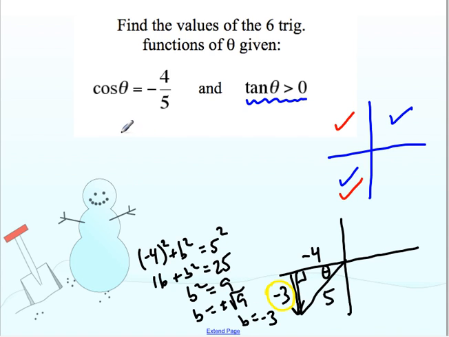So now you'll be able to find all your trig functions. I don't know if we need to go through all of them, but sine would be opposite over hypotenuse, so you'd get a negative 3/5, and so on. So you'd be able to keep going now that you've got your triangle. I think you'd be okay if I skipped that.